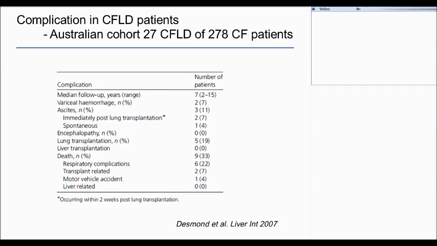Encephalopathy, which is like an end stage of chronic liver disease failure, developed in some. Liver transplantation was performed in 5, and 9 of these patients actually died in the end, but mainly not liver-related, but due to other reasons.